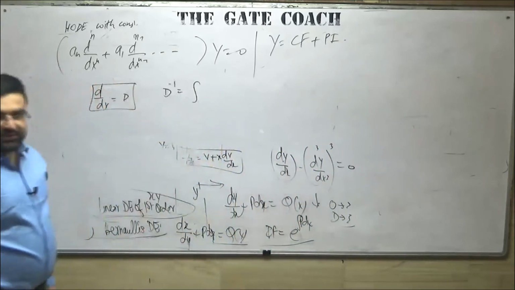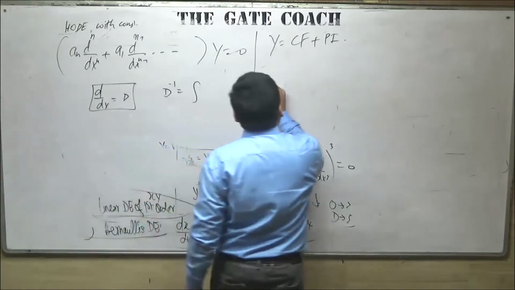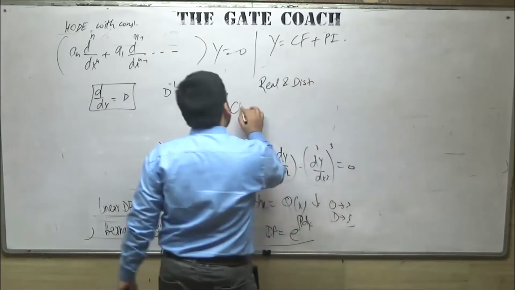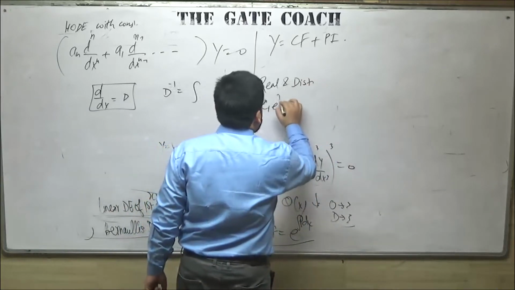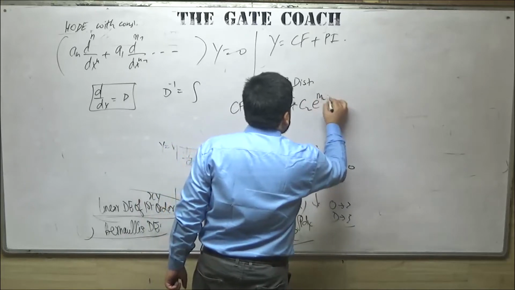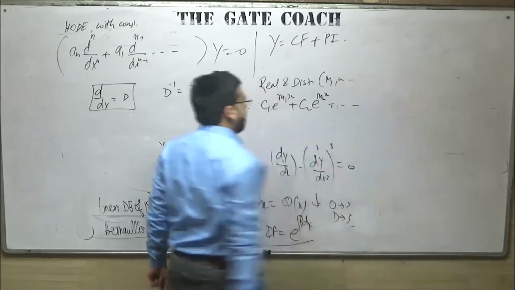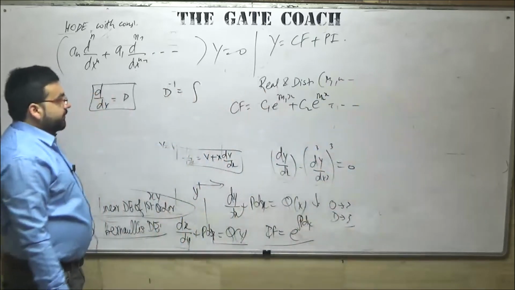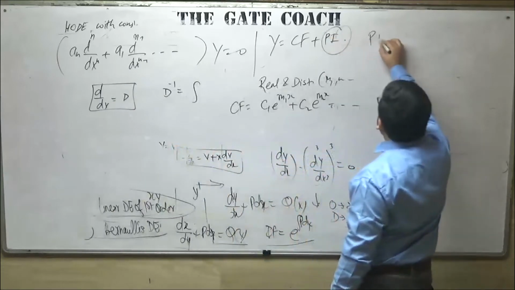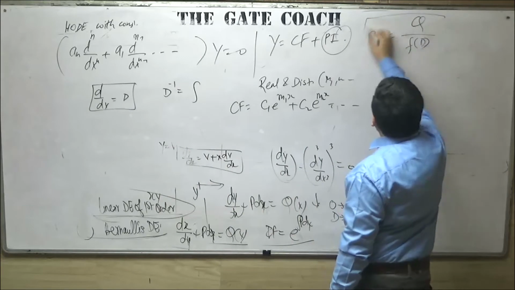We have various rules. First, if the roots are real and distinct, CF is given by c1 e raised to the power m1x plus c2 e raised to the power m2x and so on, if the roots are m1, m2 and m3 and so on. PI is given by Q upon f of D. What is this Q?